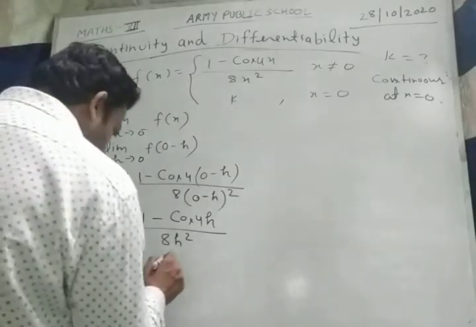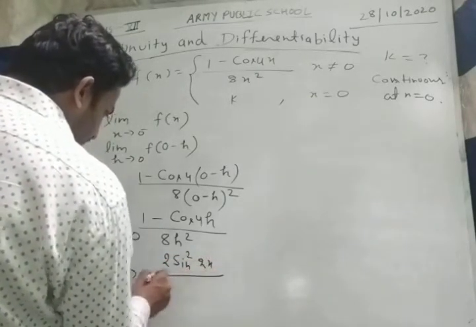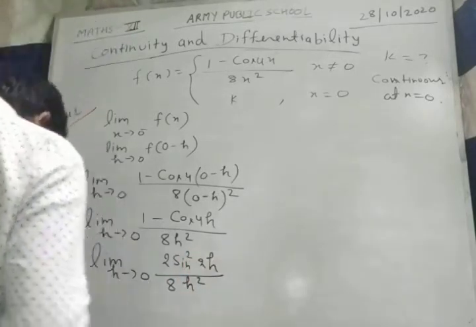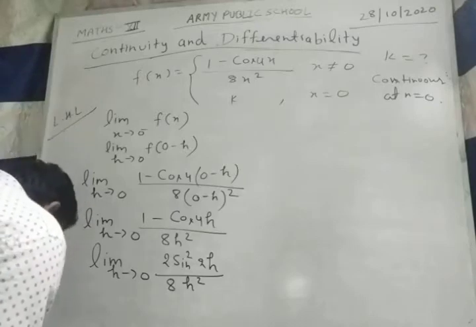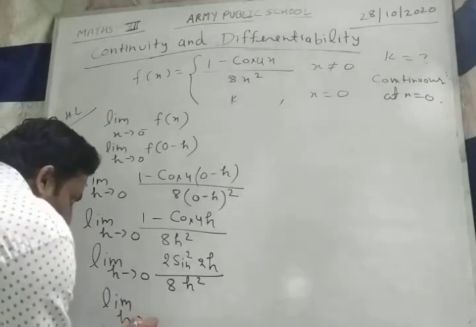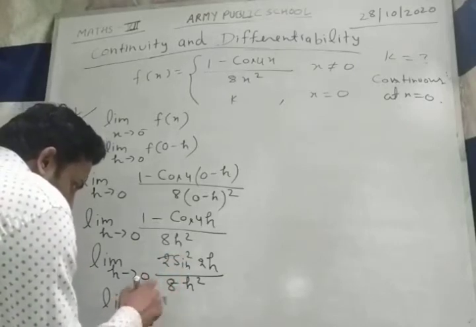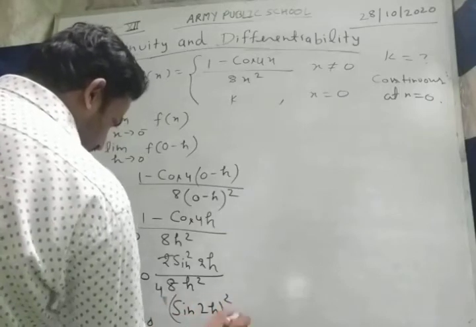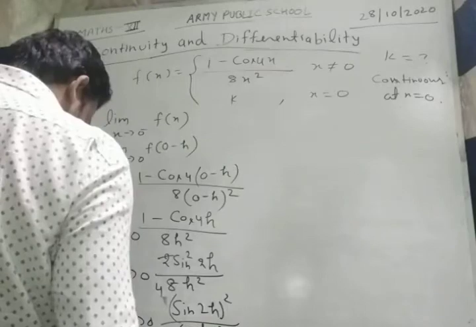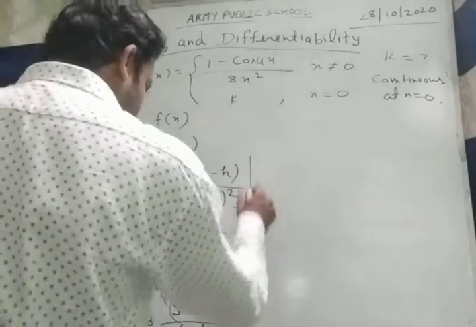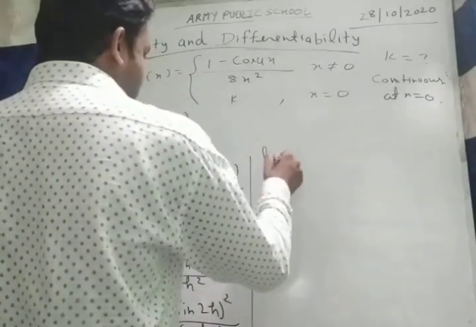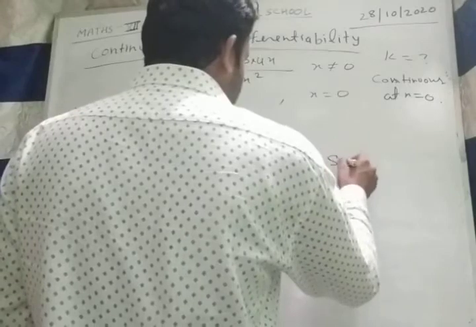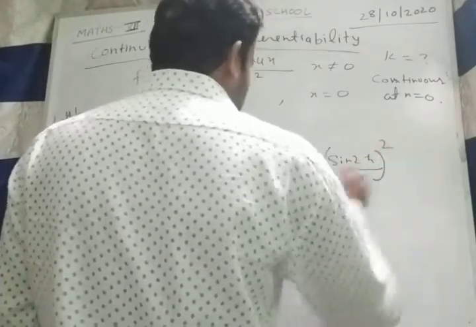So we write 2 sin² 2h divided by 8h². Now this will be cancelled, and we write limit h tends to 0 of (sin 2h / 2h) whole square.